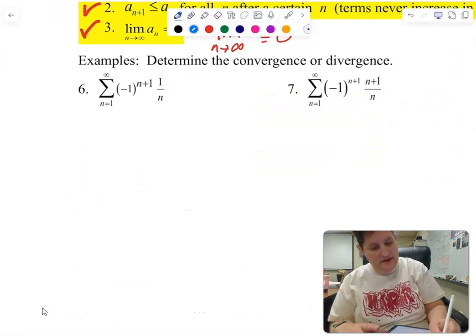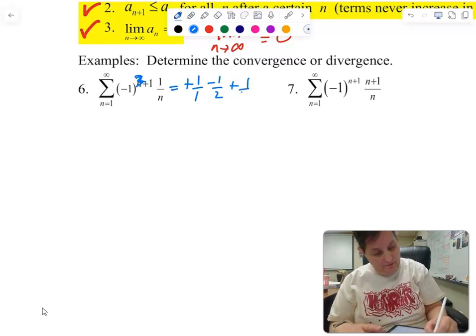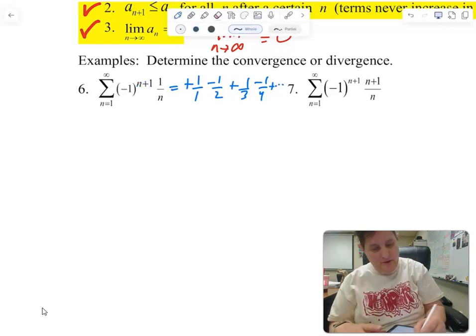A lot of times, guys, I like to write out and see what I'm looking at here. When n is 1, this is negative 1 to the 2, which is positive 1 over 1. When n is 2, this is negative 1 over 2. When n is 3, it goes back to positive, because 3 plus 1 is 4: 1 over 3, negative 1 over 4, dot, dot, dot.